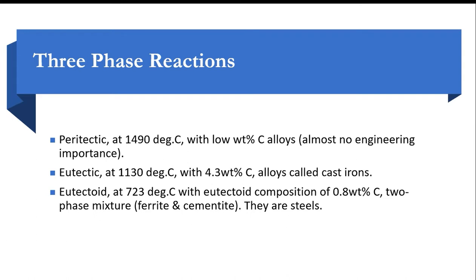So at 1490 degrees Celsius with a low percentage of carbon, right, this peritectic can happen, right? But here for peritectic, there is no value in engineering importance, but you can use it in some areas like making some alloys, right?